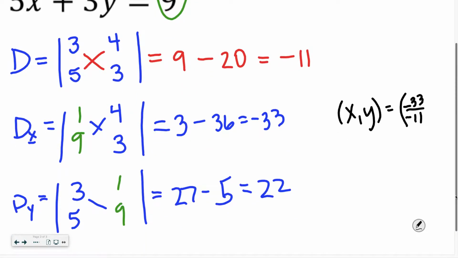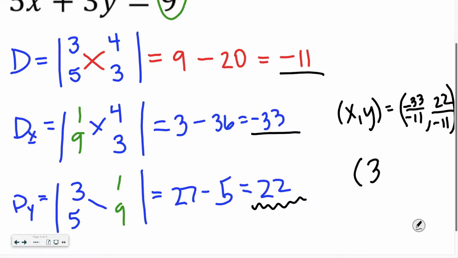D sub x divided by d. Then for y, we're going to do the same thing, but with d sub y. D sub y is 22 divided by d, which is negative 11. So what is our coordinate? 3, negative 2.